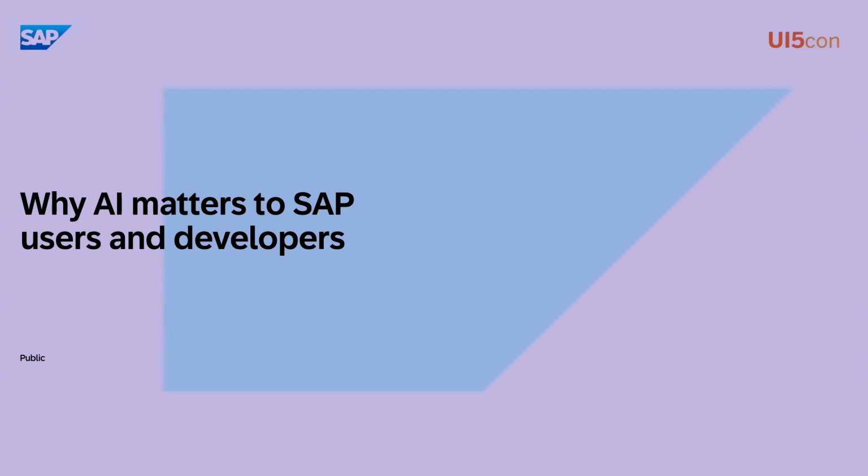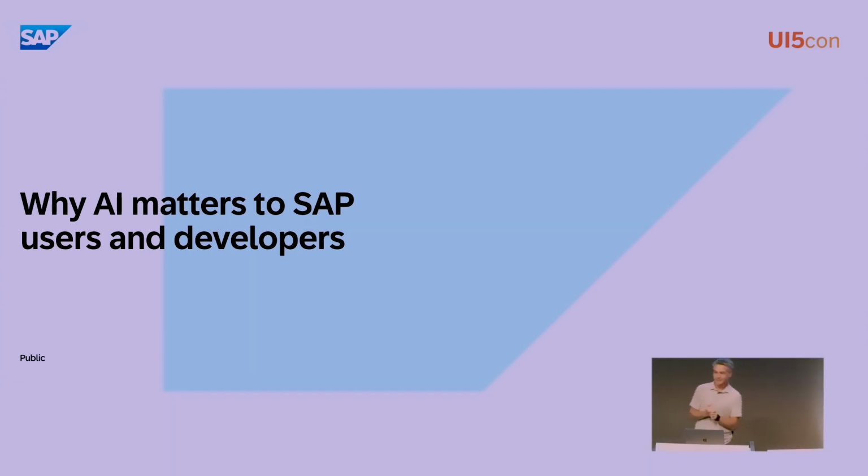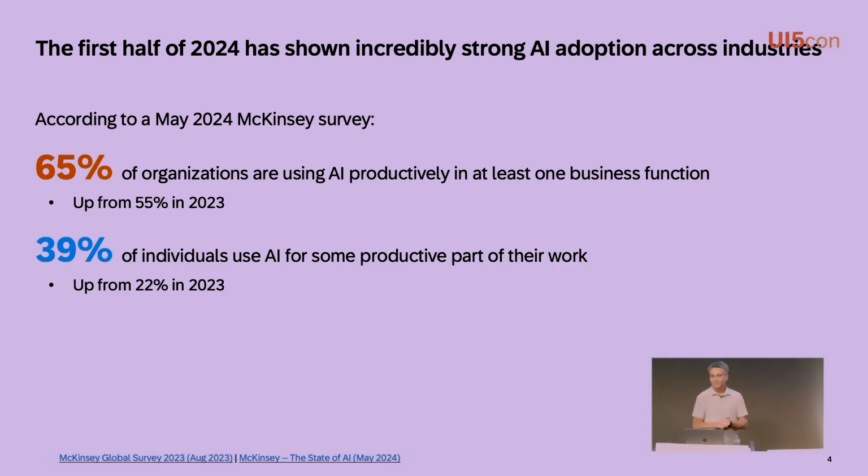Without further ado, let's start with the first part, why AI matters. There is a McKinsey study, and surprise, surprise, the usage of AI is growing. To be a little bit more precise, they asked organizations about usage of AI, and last year 55% mentioned they use AI tools or AI features for their daily business.